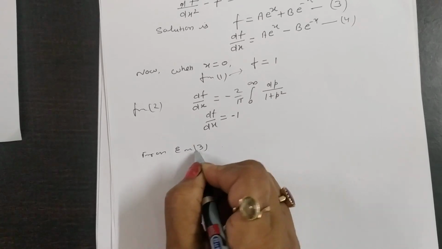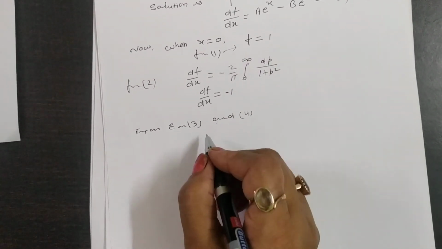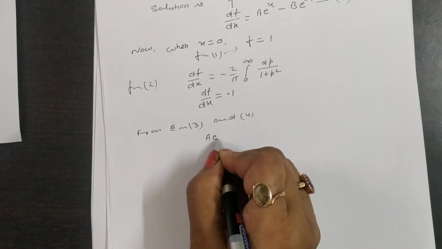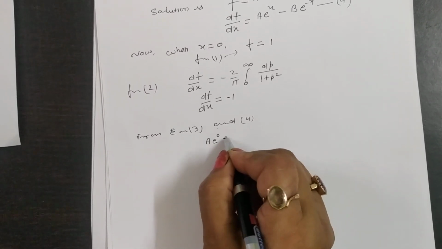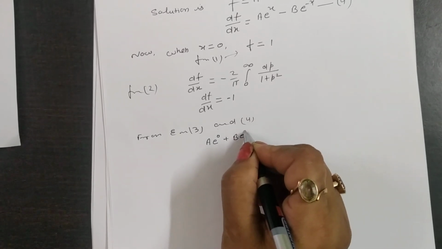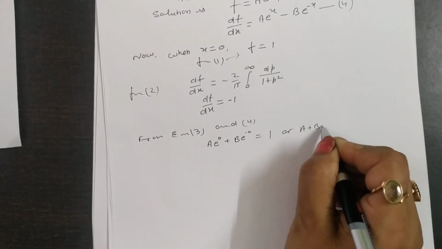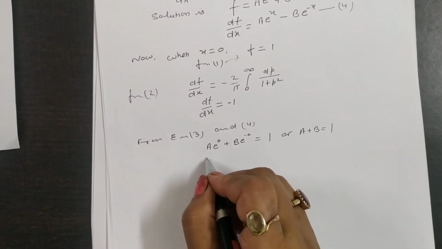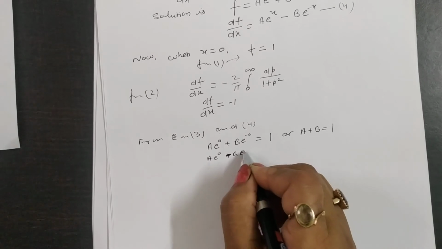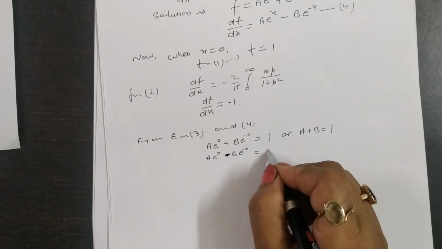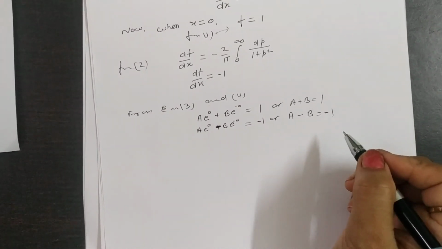So from equations 3 and 4, substituting the values: according to equation 3, when f is 1 and x is 0, a e to the power 0 plus b e to the power minus 0 is equal to 1, that is a plus b is equal to 1. From equation 4, a e to the power 0 minus b e to the power minus 0 is equal to minus 1, that is a minus b is equal to minus 1.